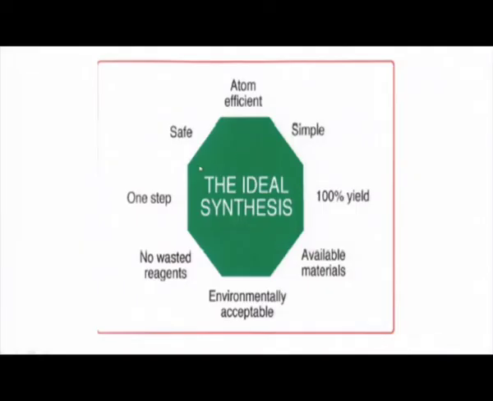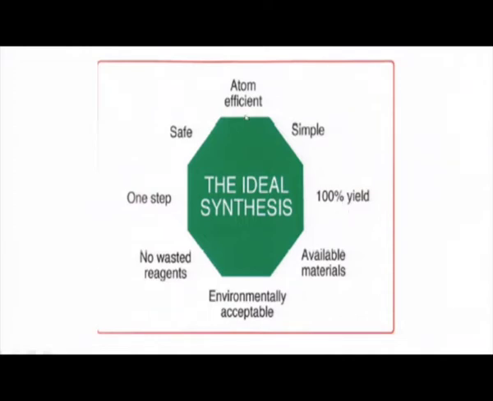And an ideal synthesis is one which covers all these components. It should be a simple process, just mere A and B addition, no chemical. If you just add two or three reagents, everything incorporated, and you get a final product, that is a very simple process, that is considered the ideal synthesis, and it should yield 100%. The yield of the particular process should be 100%.